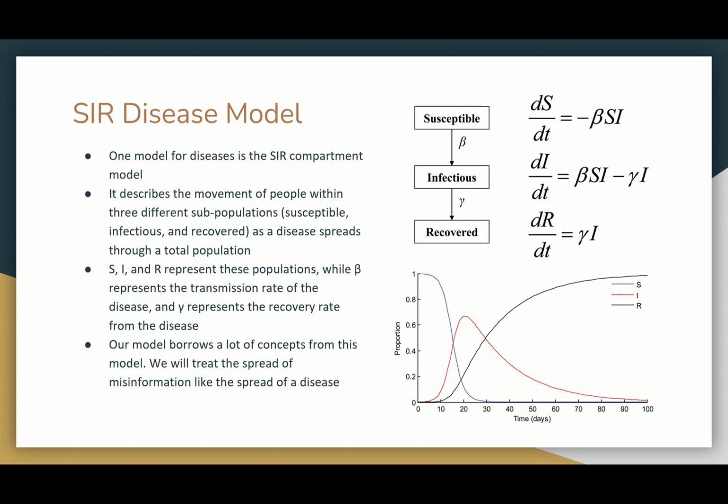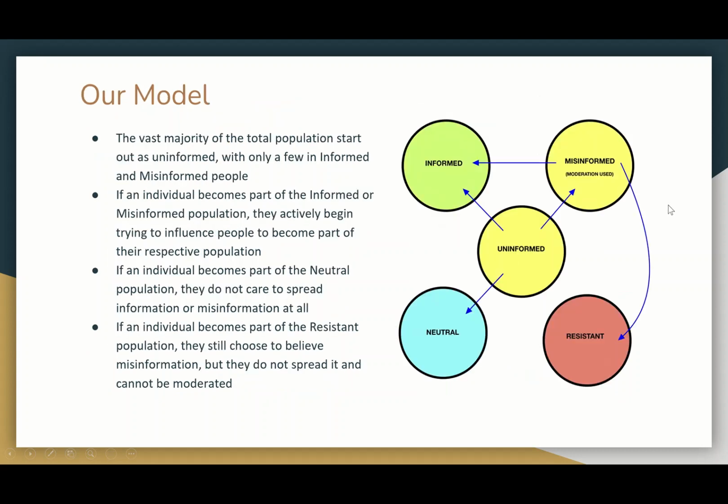So we decided to model the spread of misinformation kind of like a disease, and our model borrows a lot of these concepts. Our exact model has 5 compartments. For the initial condition, we said that most people start out in the uninformed group.